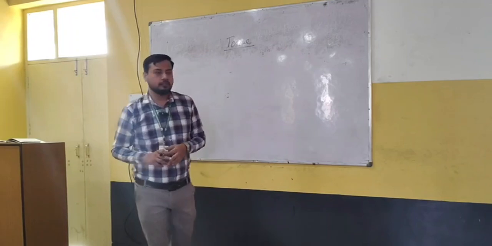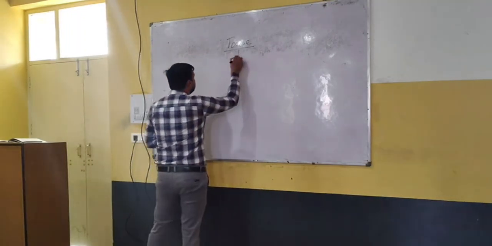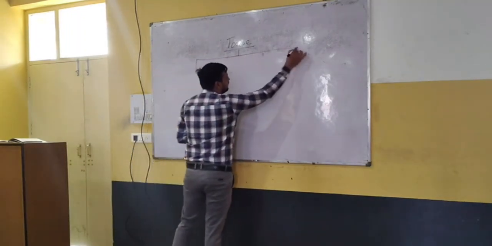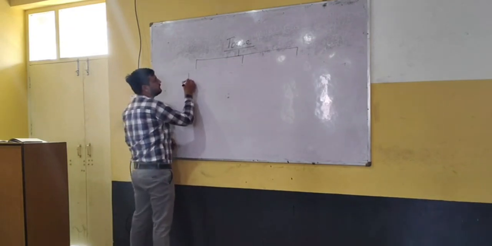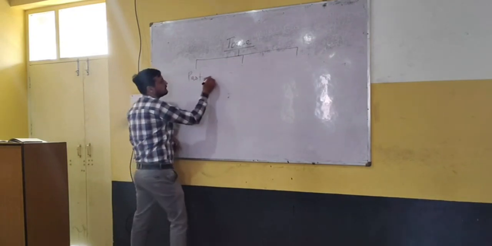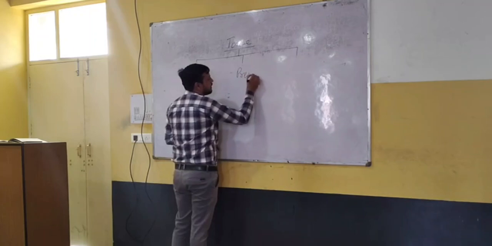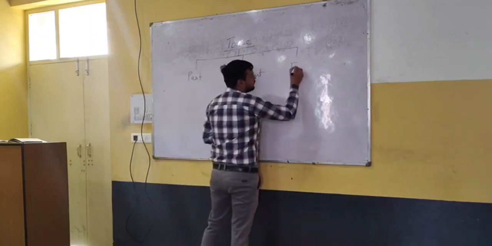Done. So as you know, there are three types of tenses. The first one is past, present and future.